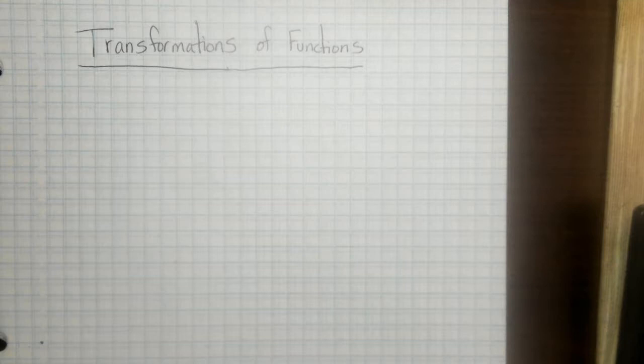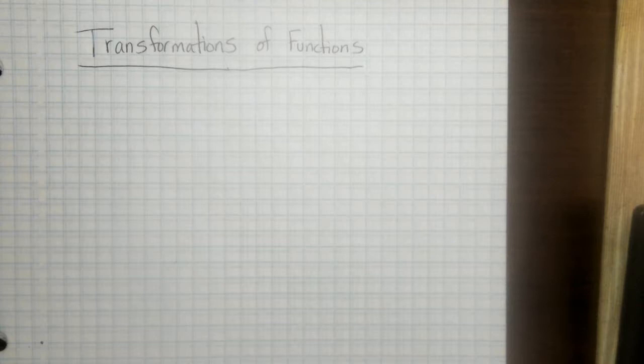Okay? But what I want you to do is don't just shut off your brain and think, oh yeah, I know all this already. Instead of thinking about the what, because you probably already know the what, I want you thinking about the why and the how. How is the equation connected to the graph?